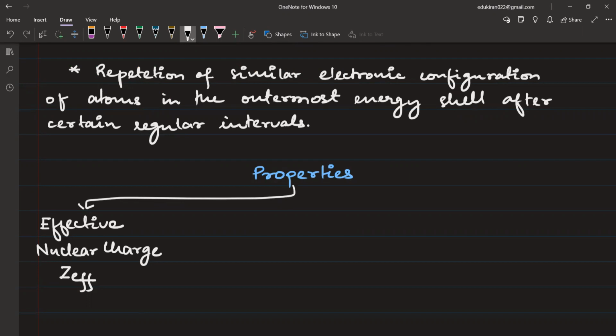Then the next property is atomic size. In atomic size, we will talk about a few things, like how the atomic size or the atomic radius is measured, and about different elements. The next one is ionization enthalpy.